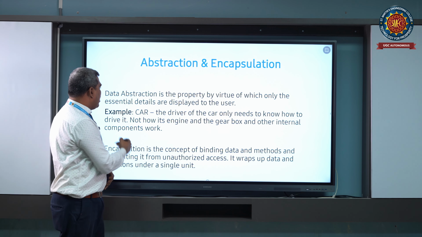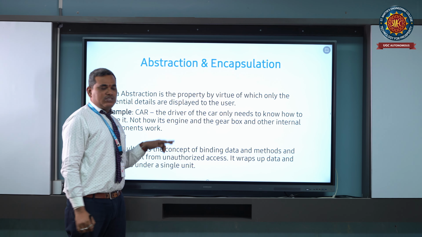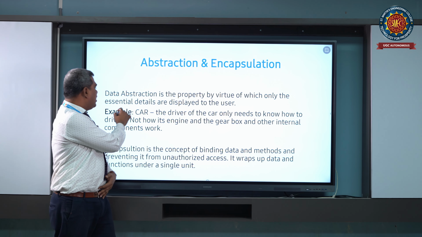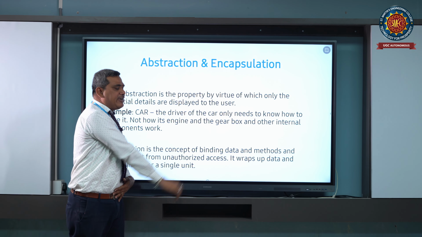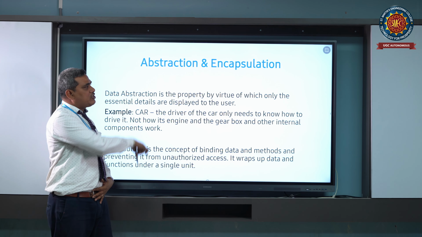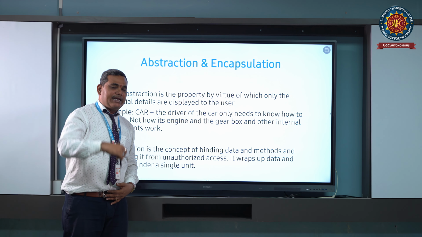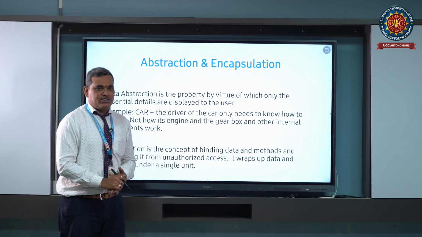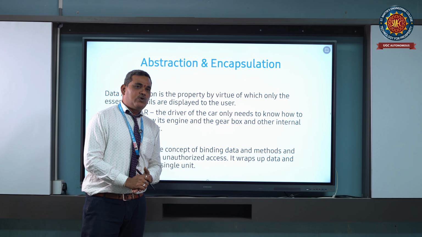And next one is called data abstraction. Now see here, data abstraction is the property by virtue of which only the essential details are displayed to the user. Data abstraction is only for showing the essential features. For example, we have to drive a car.